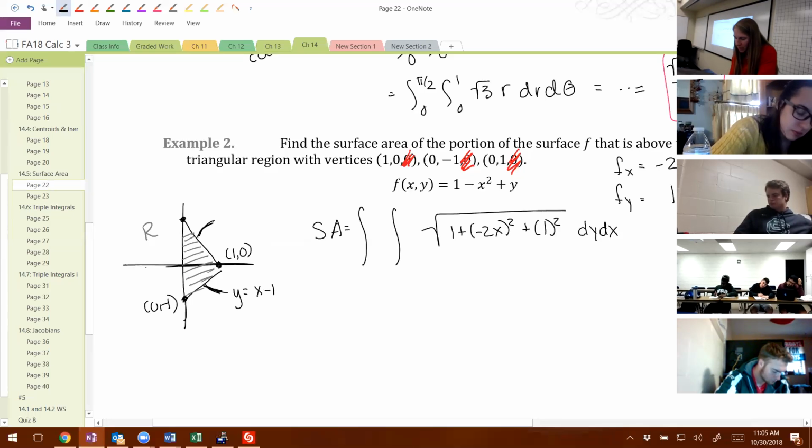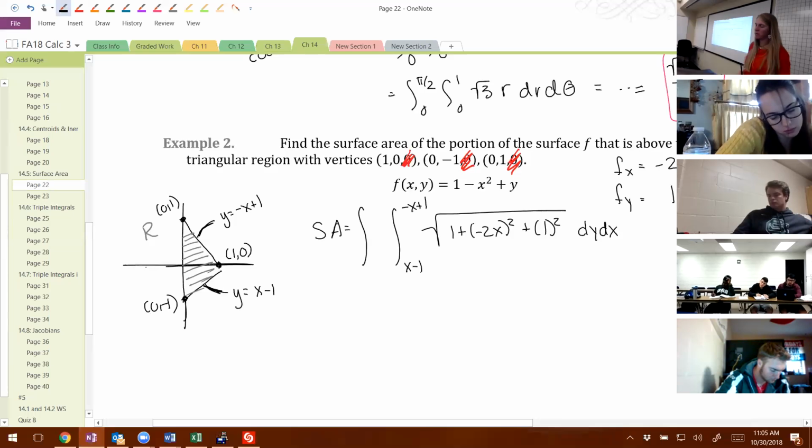And then similarly for the top line, if you go back and find the equation for this guy, from the point 0, 1 to 1, 0, this ends up being -x plus 1. Okay, so without taking time to go through there, hopefully you guys are confident with that. So lower limit is x minus 1 in the bottom line, and upper limit is -x plus 1 for the top line.